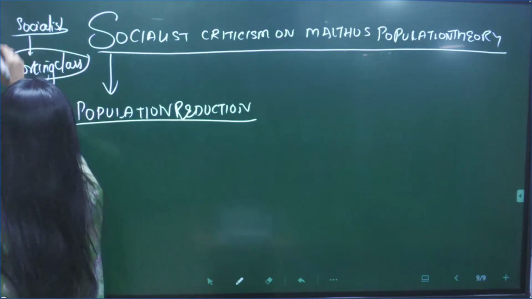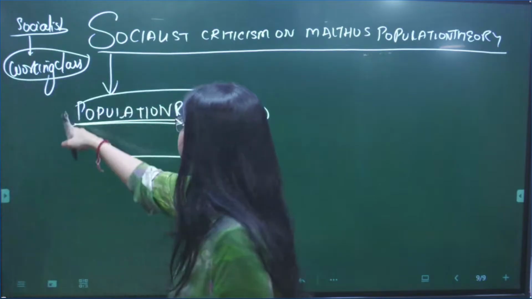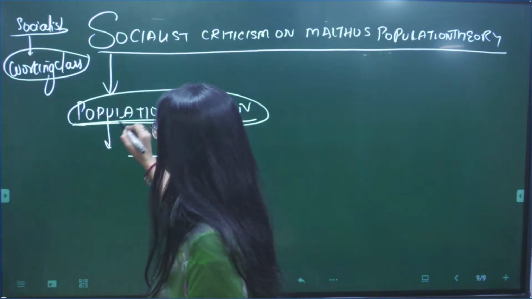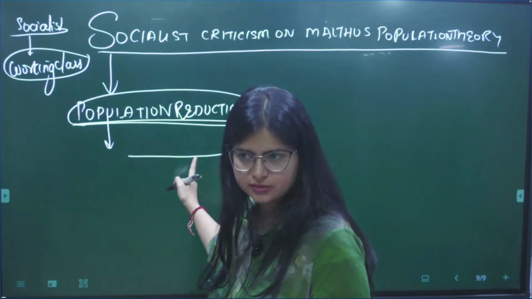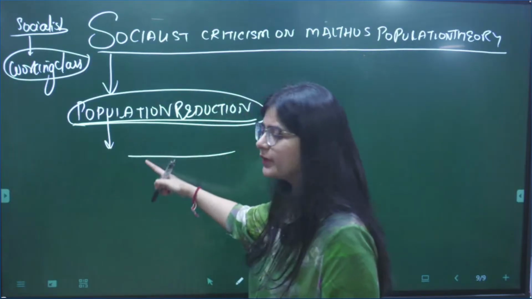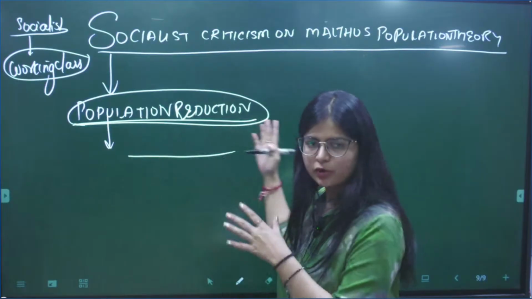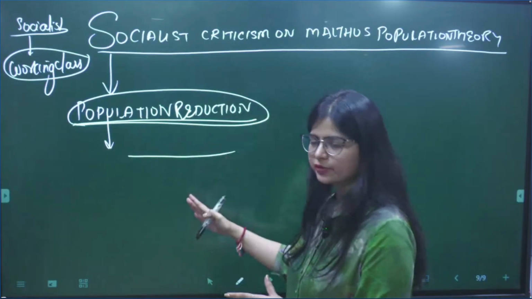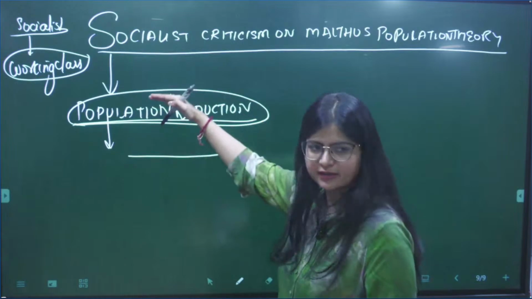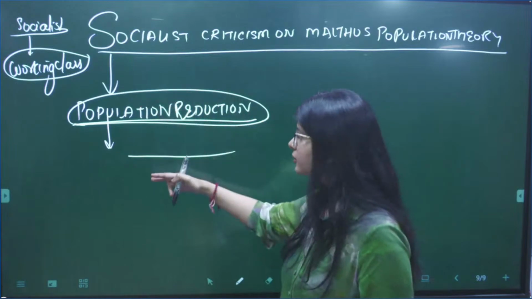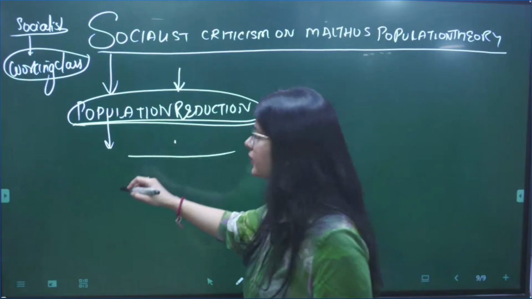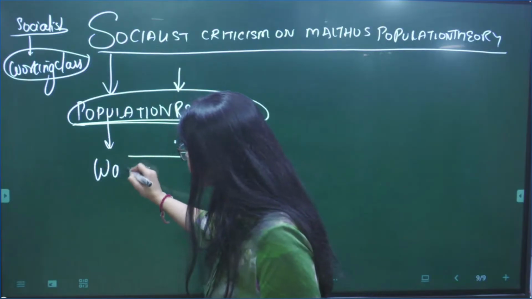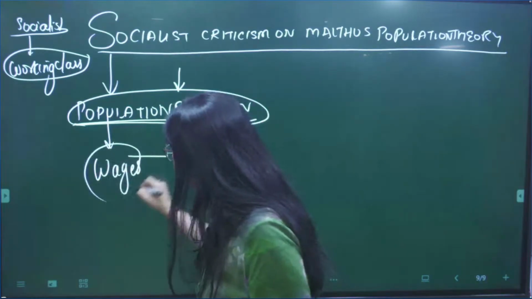What they said is that population reduction should not happen because of less food resources, or because people would not get proper food when the population rises. You should not decrease the population because of that, but to increase the wages of the labor.